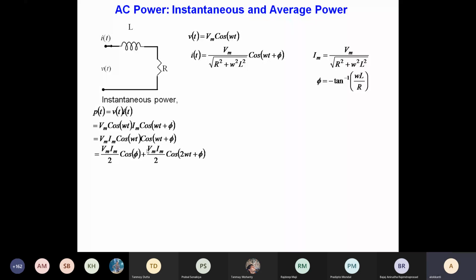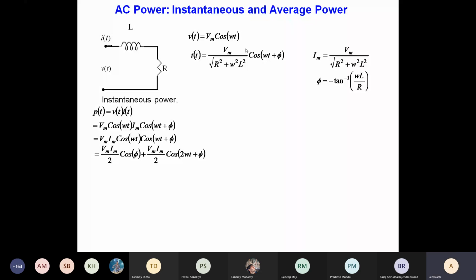Okay, so you see the voltages and currents. What was the frequency of voltage and current? The frequency was omega. But for the power, it is varying with a component that has twice omega. There is a constant part, and there is a part that is also sinusoidally changing, but with twice the frequency.